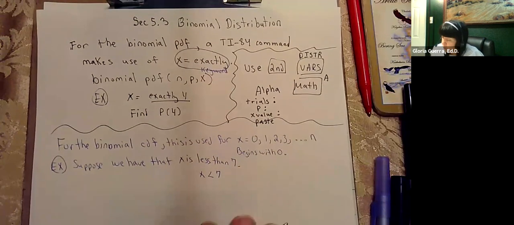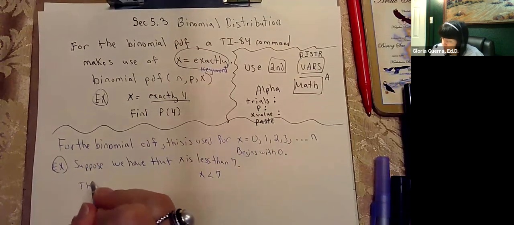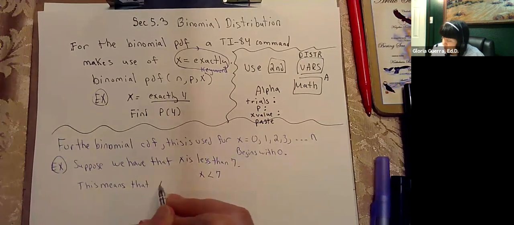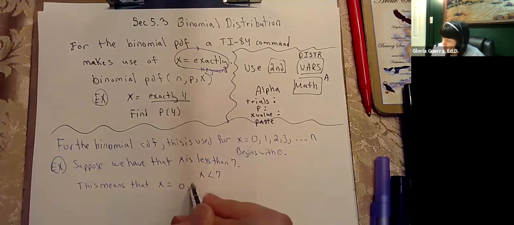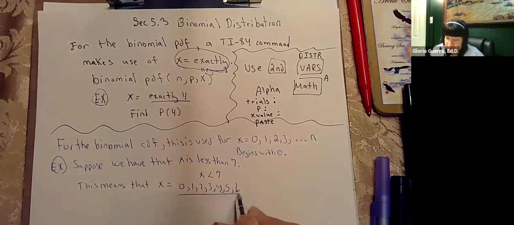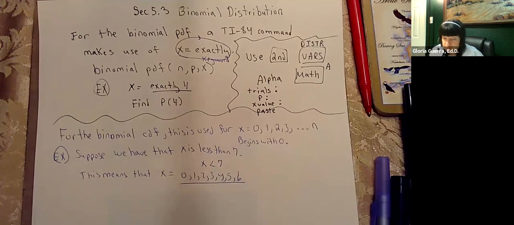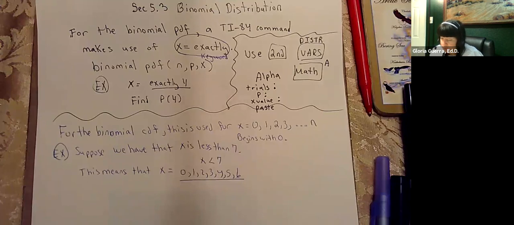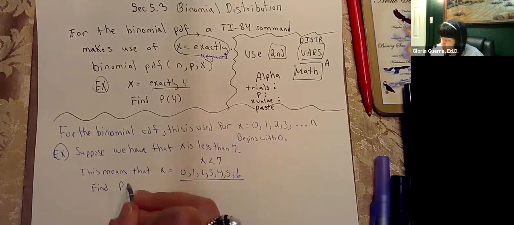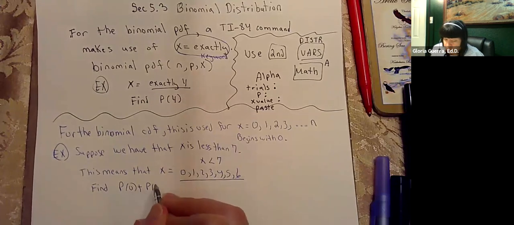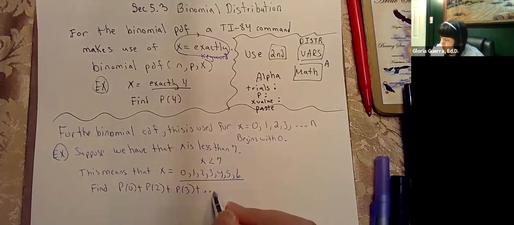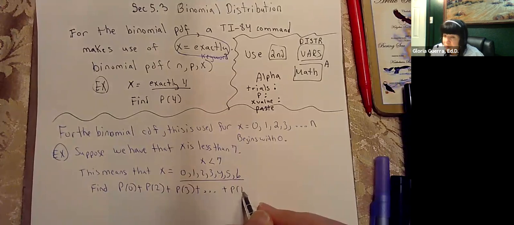Okay, so this means that our x is equal to 0, 1, 2, 3, 4, 5, and 6. Didn't say less than or equal to 7, just said less than 7. And then this means that we want to find probability of 0 plus probability of 1 plus probability of 2 plus probability of 3 plus all the way down to probability of 6. That's what that would mean.